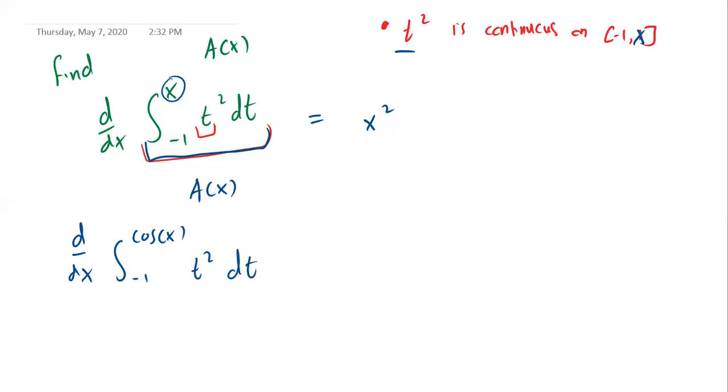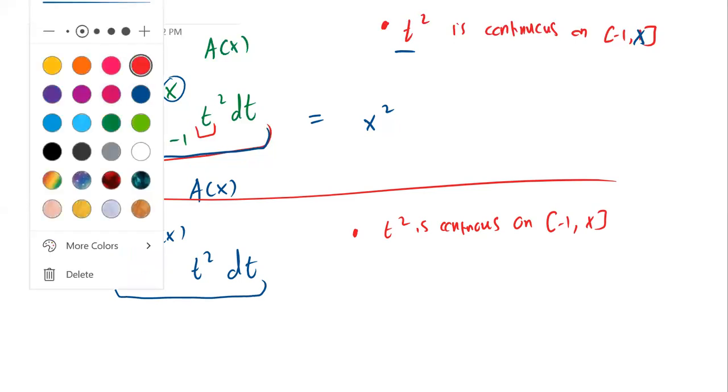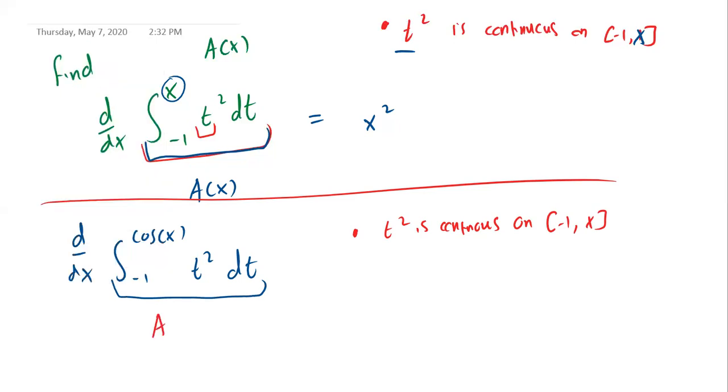And here again, you first check that t squared is continuous. Which it is, right? It's a polynomial. And then what's the trick here? Realize that this part here is not the area function, but the area function composed with cosine. Why?